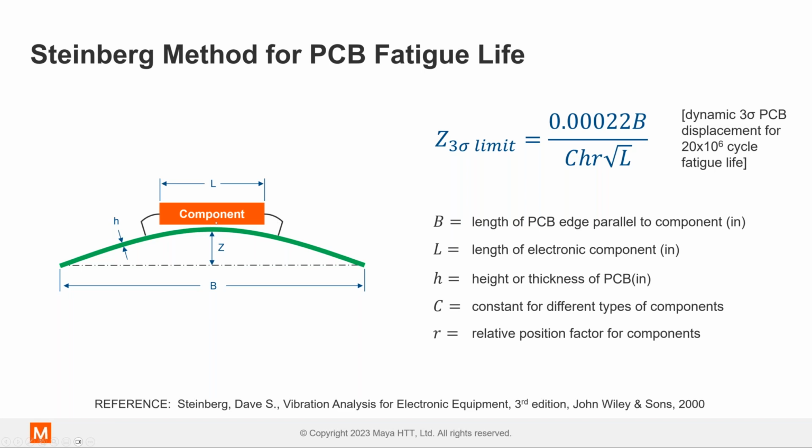Is it halfway between the center of the edge, or halfway between the center and the corner? So there's some stuff you can do to go beyond this, but you do need to be aware of the limitations of this equation specifically, so that you do your calculations correctly.